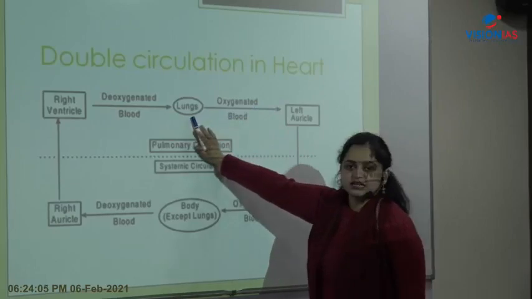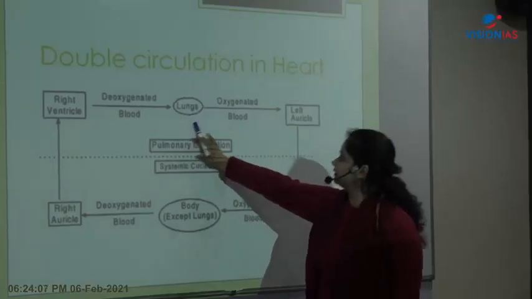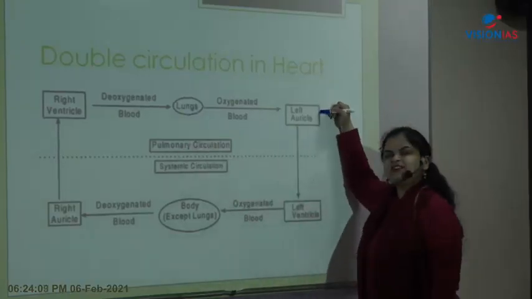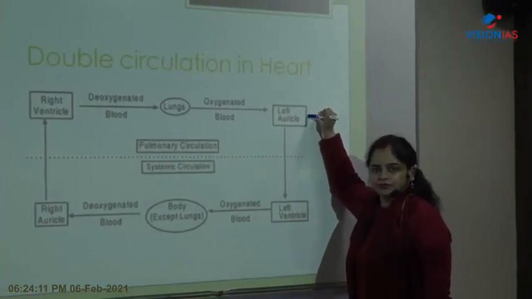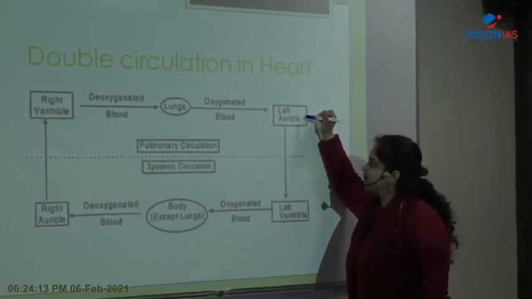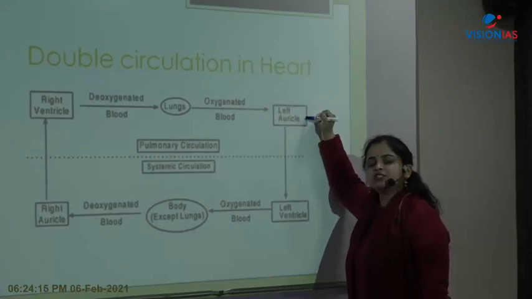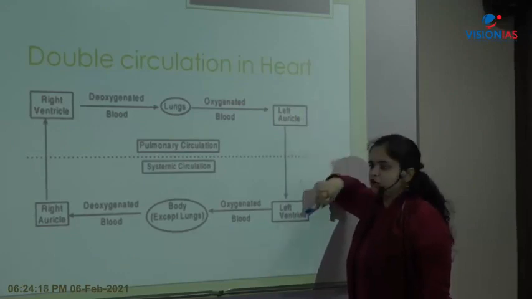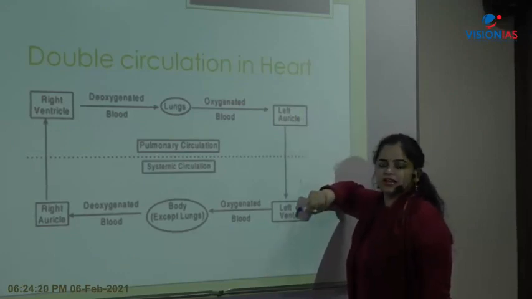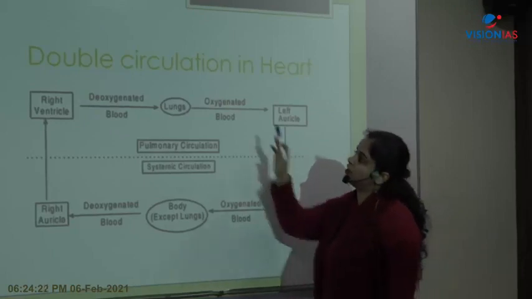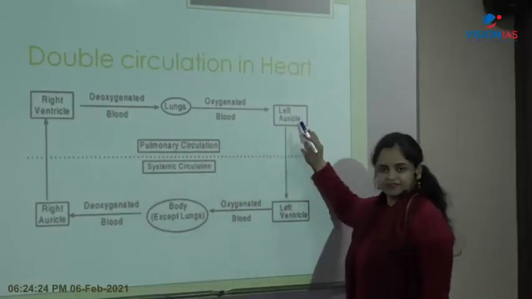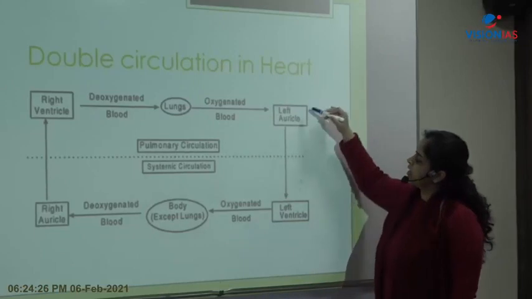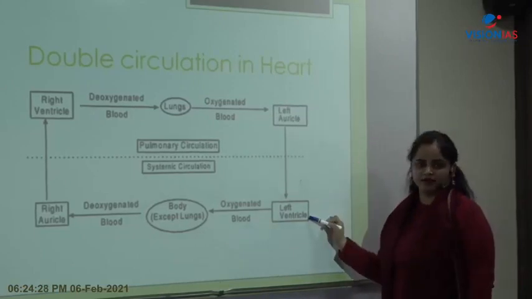So oxygenated blood from the lungs goes to the left side of the heart. And in the left side, first the upper chamber, which is auricle, then the lower chamber, ventricle. That's how the movement takes place. Lungs, left side, left auricle, then left ventricle.